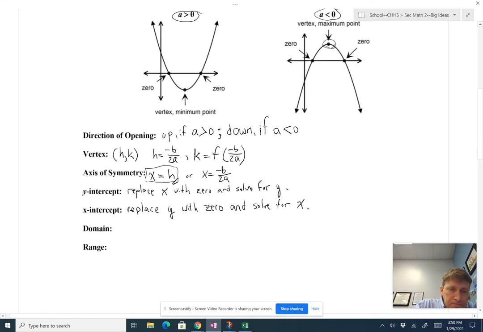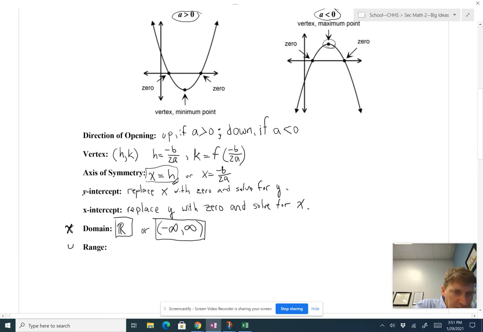Domain. The domain is all real numbers, which we can write like this, or like this, or we can actually write out the words all real numbers. And the range: remember, the domain is all the x values of the equation that work or that are in the graph.